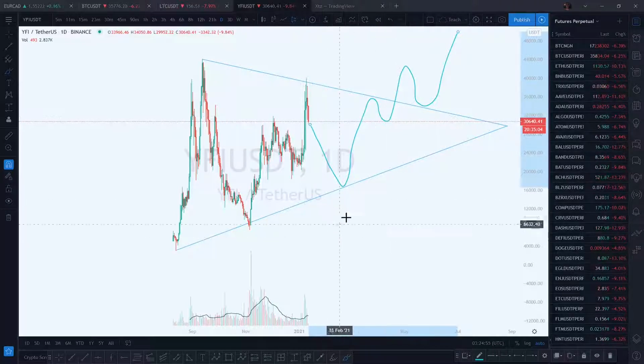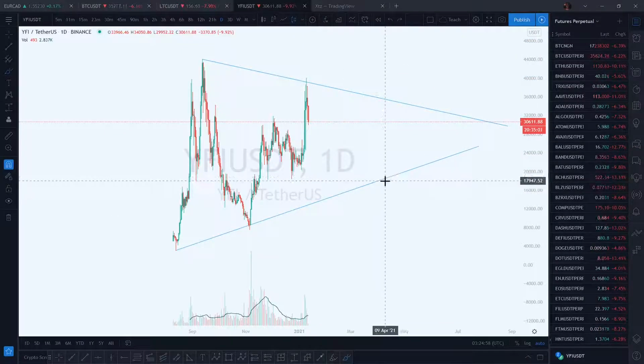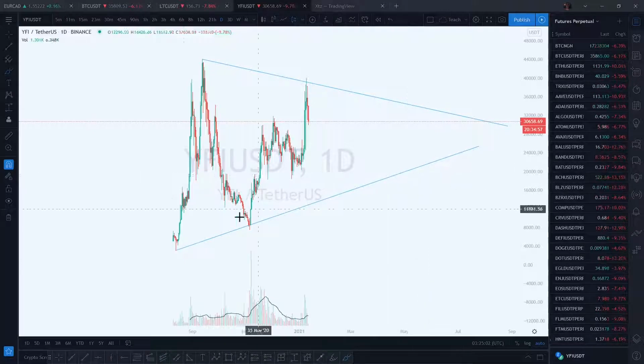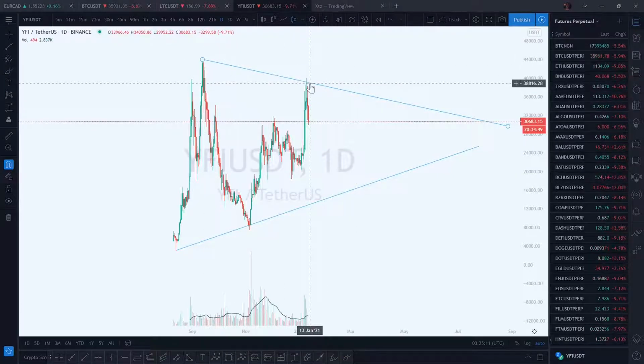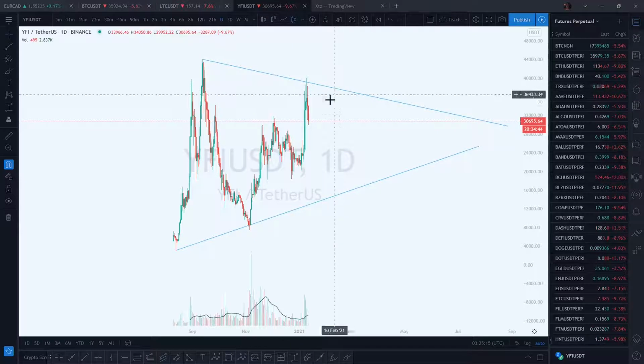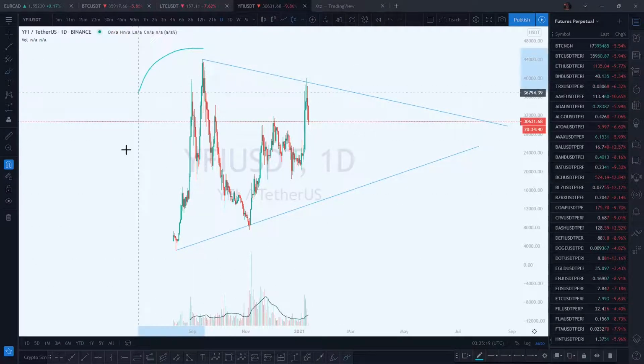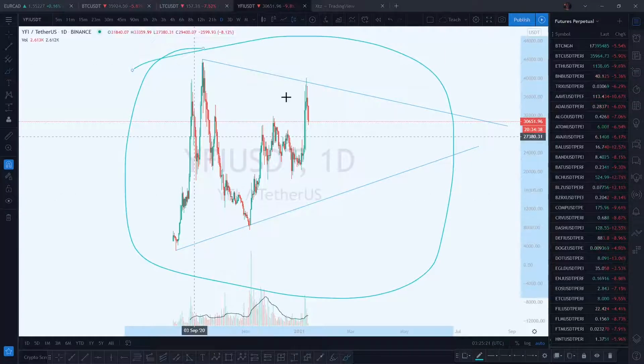So that is the way we can use chart patterns and trend lines to identify direction. And what this is telling us is this chart is looking bullish according to this support trend line, and this is still looking bearish according to this resisting trend line. But the two combined together as a whole, it is telling us that this entire move is a bullish move.